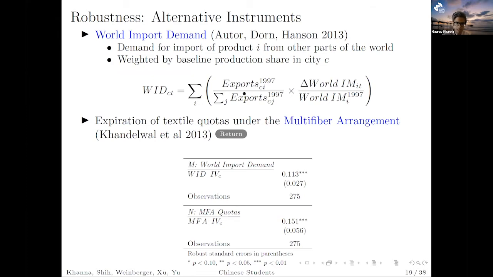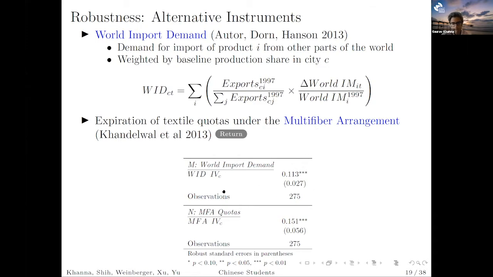So whether your city produces footwear or soap, interacted with the demand for footwear and soap products from all other countries, right? So does Germany want to buy a lot more footwear now? And so that's going to affect growth. And then there's another IV, which Khandelwal and co-authors have talked a lot about, which is the expiration of the Multi-Fiber Agreement that allowed the textile sector to grow rapidly.